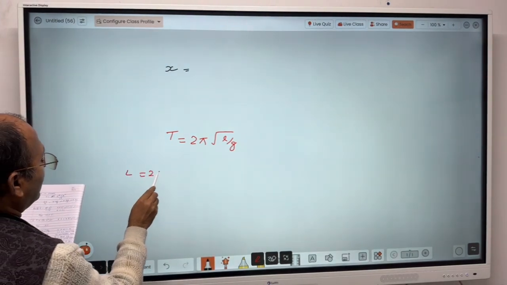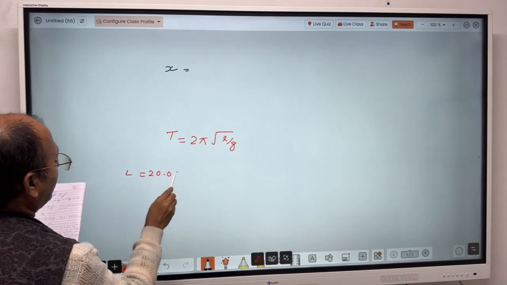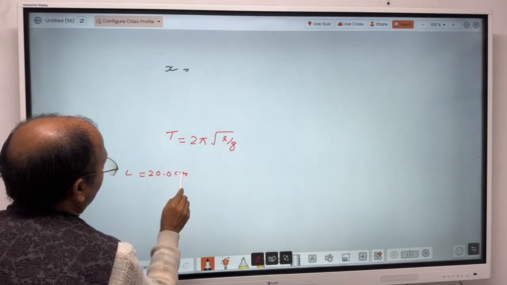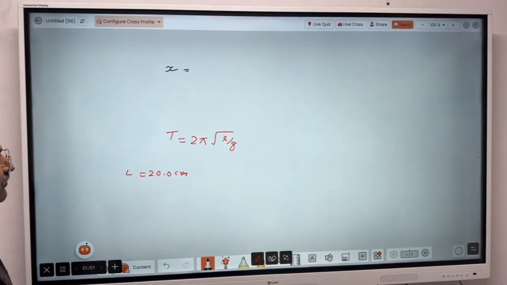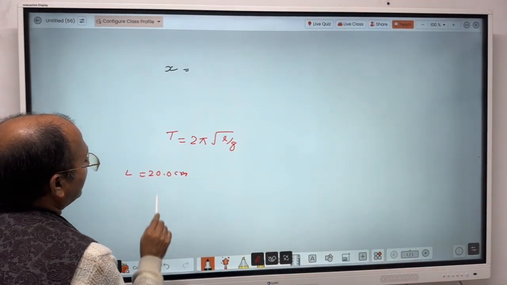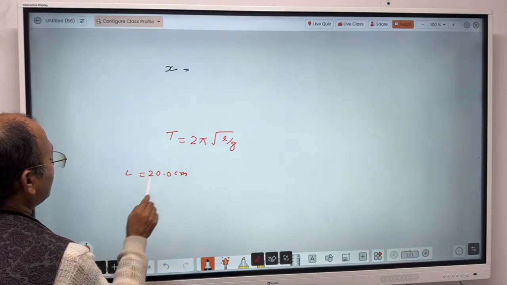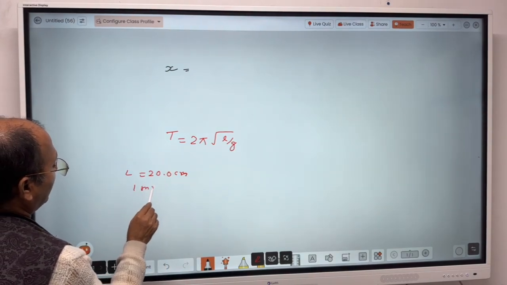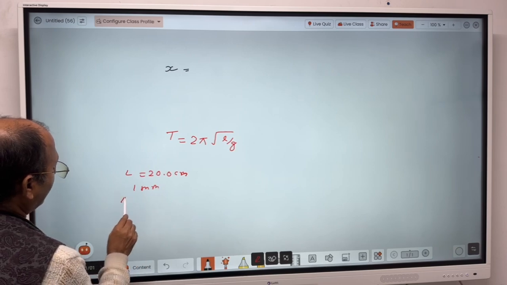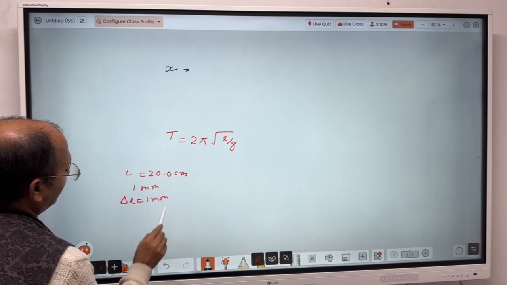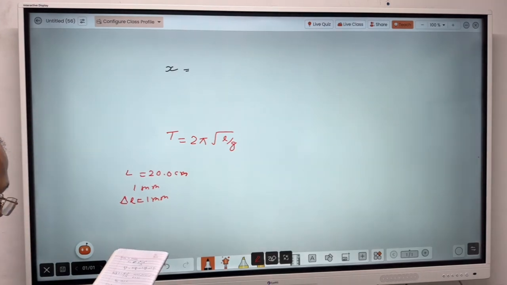L is 20.0 centimeter. Here, the digit after decimal indicates the accuracy. So 0.1 centimeter is the accuracy. This can also be said that accuracy is 1 mm here. So you can say this is delta L, so 1 mm.